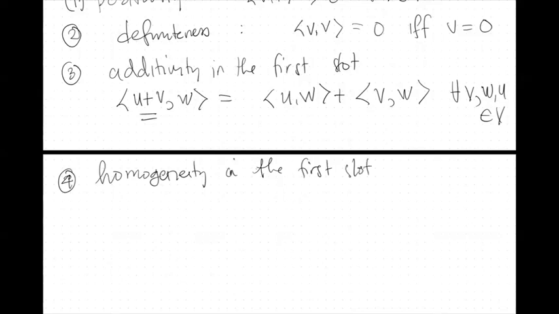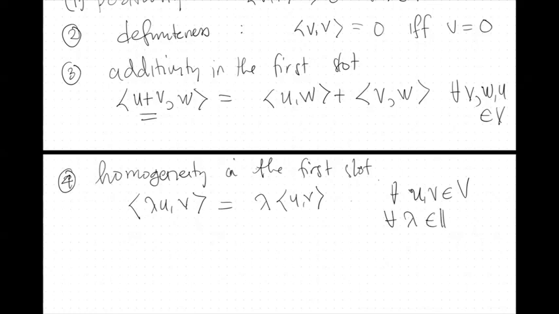Actually, we can prove later on homogeneity in the second slot and something like that. All right, this is how it looks. So the inner product of lambda U with V, you can factor out the lambda, lambda times the inner product of U and V. Of course, this is for all U and V in the vector space and for all lambda in the field F.